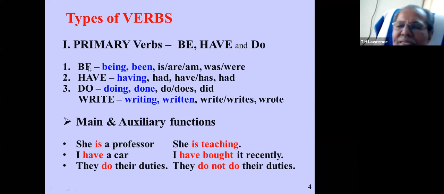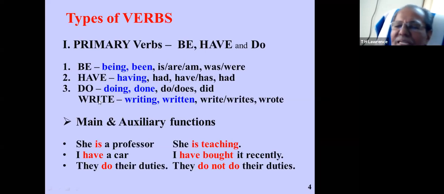You know that the verb be has all these forms. Be is one form, being, been, is, are, am, was, were. Take have. Have itself is one form, then having, and have, has, had. Then do itself is one form, doing, done, do, does, did.